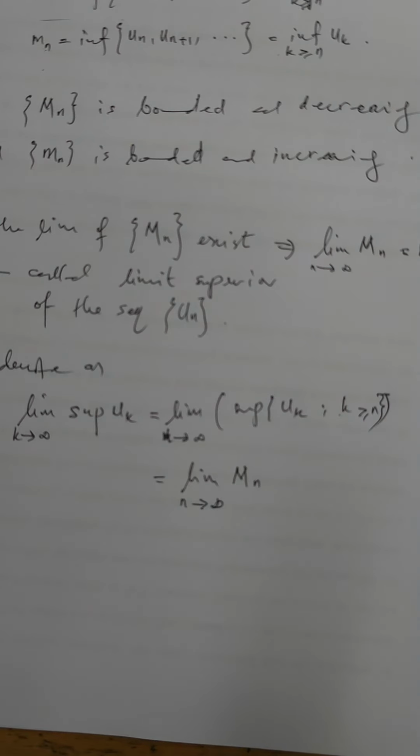So we develop this definition or terminology from boundedness, upper bound, least upper bound, which is supremum. Now we come up with the limit of the supremum, which we call the limit superior, lim sup.